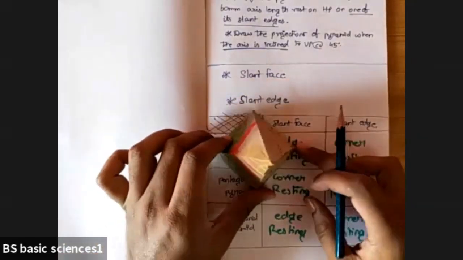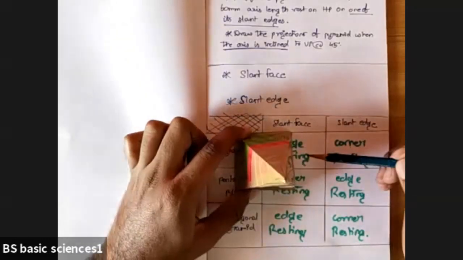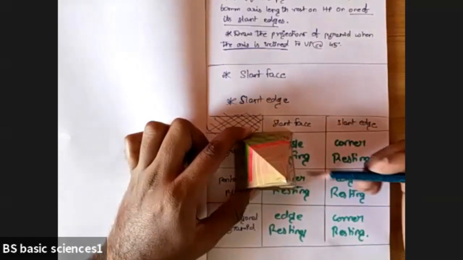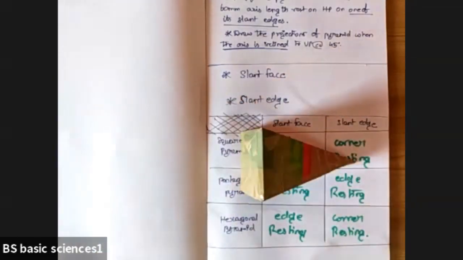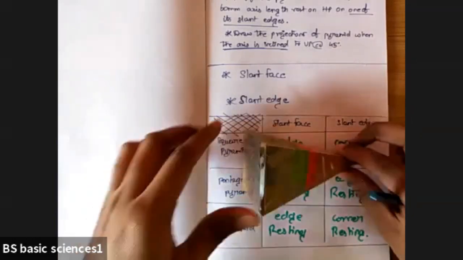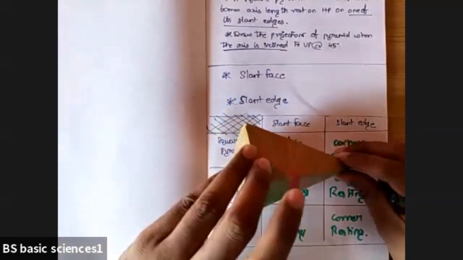So you'll be placing on HP with respect to one of the corner or edge, depending on what condition he has given you. After that, you'll incline it like this. That means it is not inclining. You're placing either a triangular face on HP or this edge. One of the slant edges you'll place on HP.